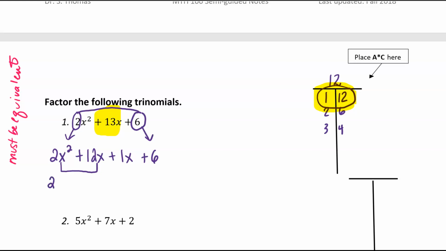But since I grouped it like this, I'm going to take a 2x out of the first group, and that'll be x plus 6. And we have the second group here. We have the x plus 6, but that's why I wrote the 1, so you can know that we have to put something here, and it works because 1 times x plus 6 is x plus 6.